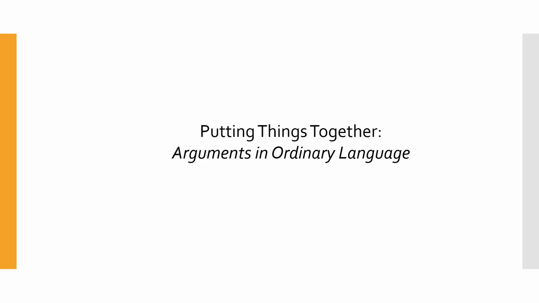So the next step here is to try to put all this stuff together by looking at arguments that show up in actual ordinary language. Because what we have to do is take an argument that's given to us in ordinary language and then convert it into the standard form. Once we have it in standard form, then we can just run through the process of Venn diagrams to determine if it's valid or invalid. So let's start looking at examples.